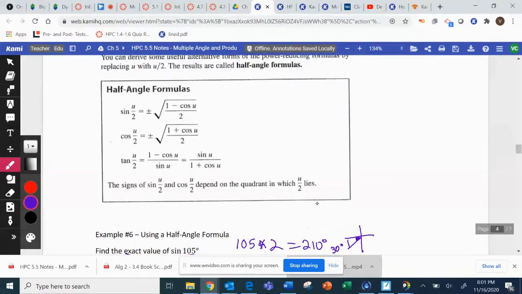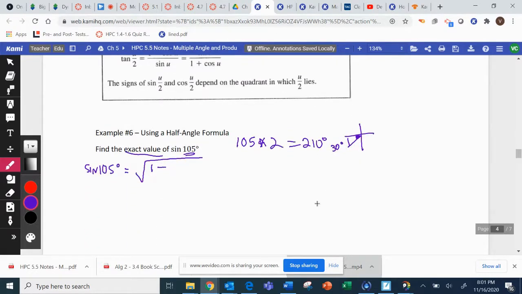you'll notice in the formula up here, it has cosine and it has the full angle. Over here we've got the angle divided by 2. Here we've got the full angle. So this is going to be cosine of 210 degrees, divided by 2.